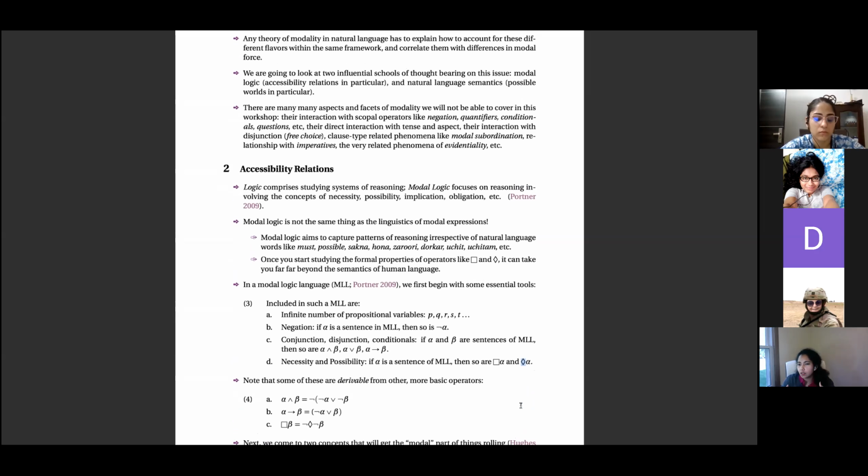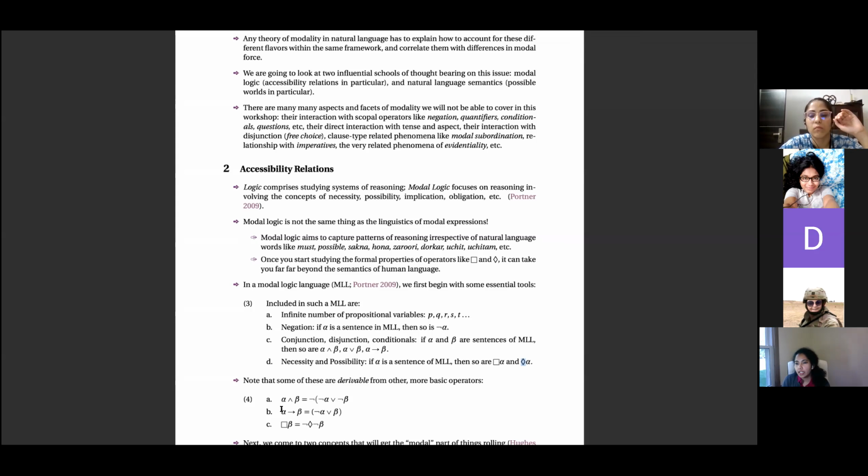So we have this inventory, and we should be aware that some of these are derivable from other more basic operators. I'll let you guys work these out in your own time, but I just wanted to flag these basic ones.